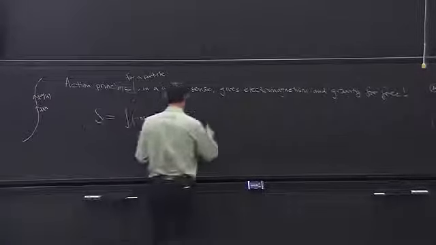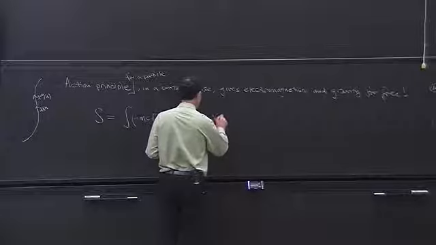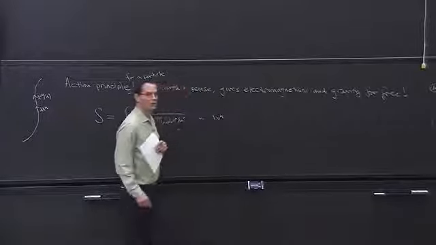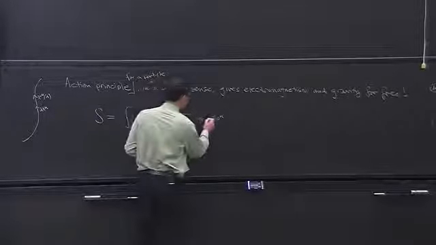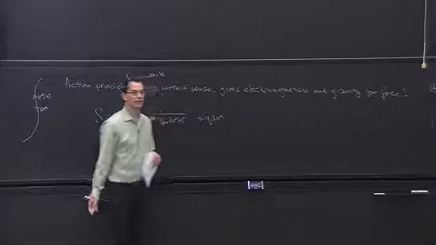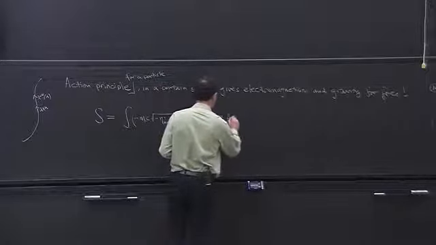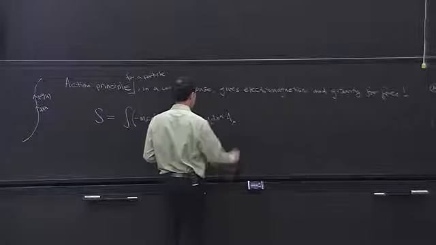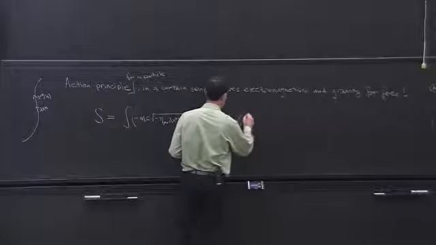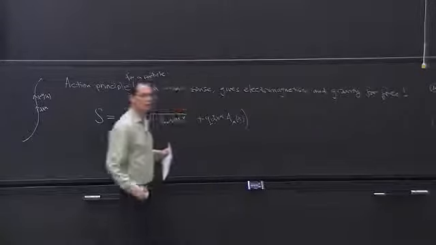So I want to couple dx mu. I'm going to have an arbitrary coefficient, so I'll call that the electric charge. What? Any vector field. So let's call it A mu. A mu is going to be a function of the x's.